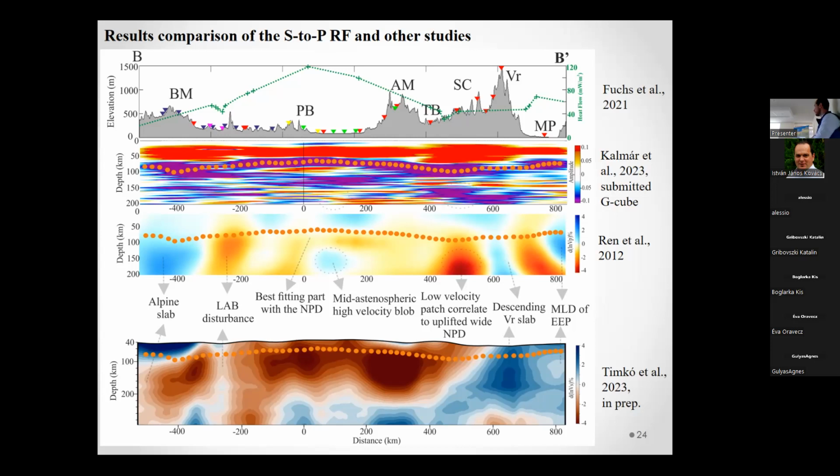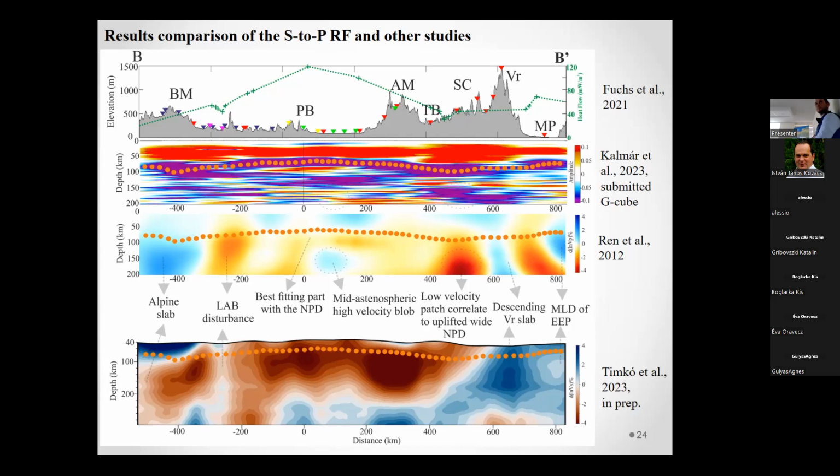Okay, thanks. Typically it is beginning here, and maybe we can see something here. I don't know exactly what this is, and you can see the same in the VP velocity perturbation. Okay, sorry, just one more question.